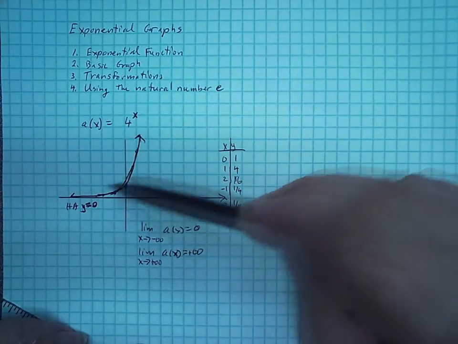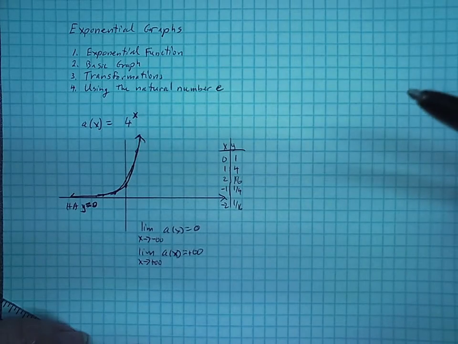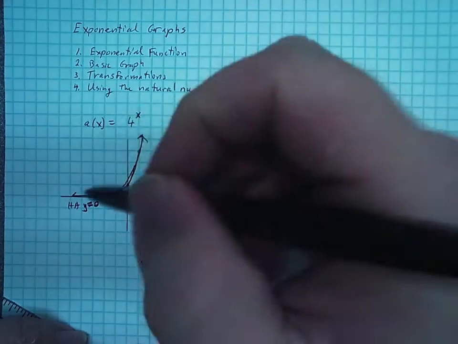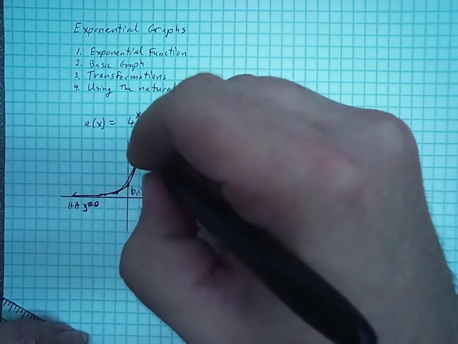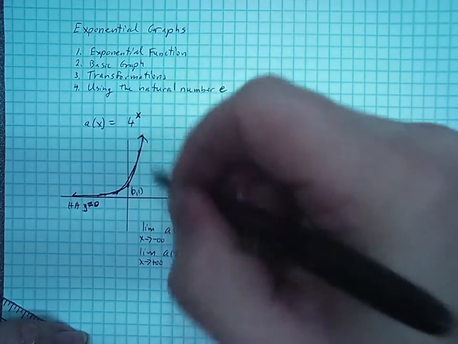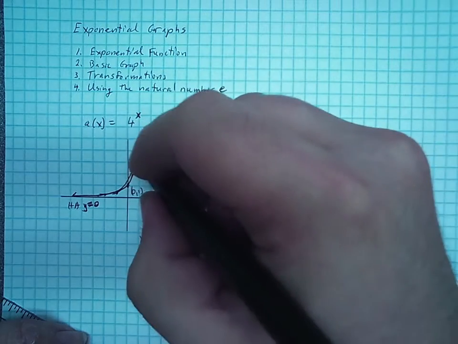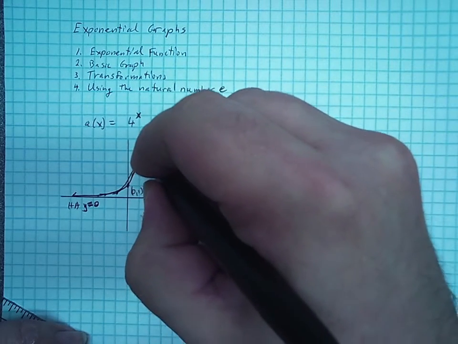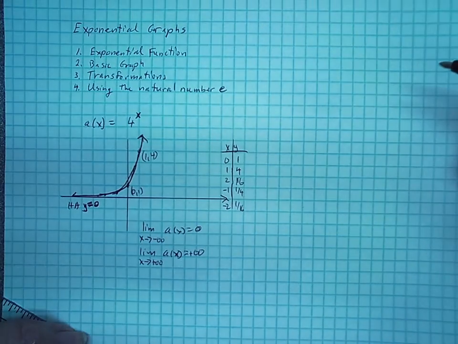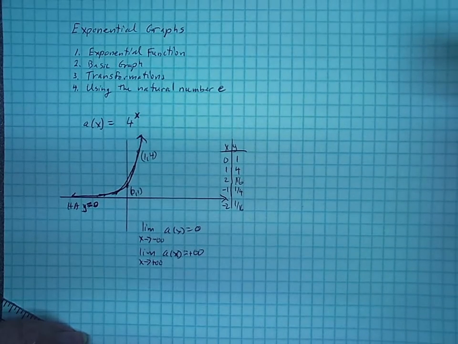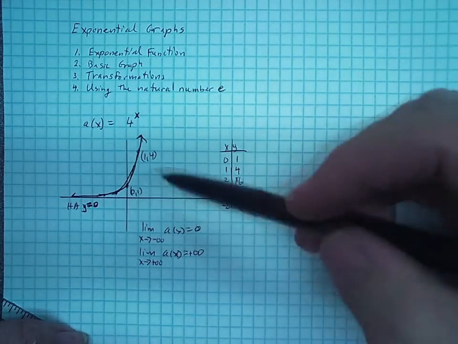So this graph has very different behavior on either side. It has no x-intercepts. The y-intercept of the basic graph, when you're not multiplying by a coefficient, will be 1 because anything to the 0 power is 1. As we start transforming this graph, that point may move around.